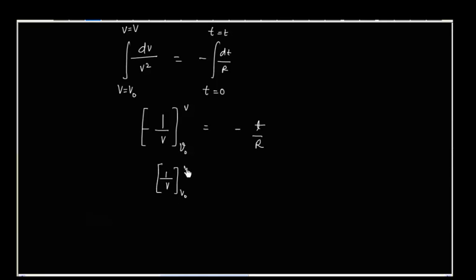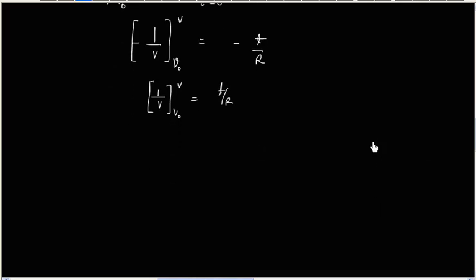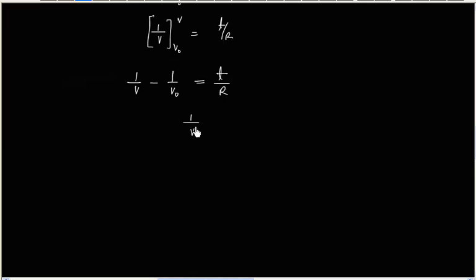So negative sign cancels. Upper limit minus lower limit. So this is the relationship between velocity and time, that is velocity as a function of time.